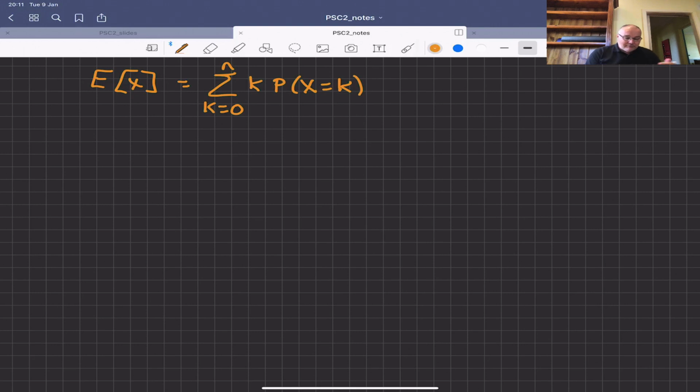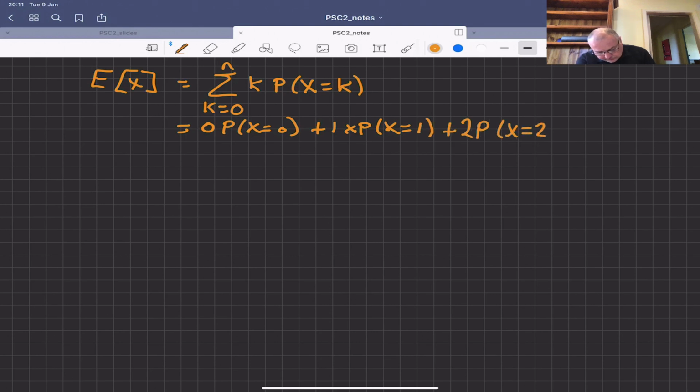We know that it takes the values 0, 1, 2, 3, so let's write this out a bit longer. We've got 0 times the probability that X equals 0, plus 1 times the probability that X equals 1, plus 2 times the probability that X equals 2, plus dot dot dot, plus all the way to n times the probability that X equals n.